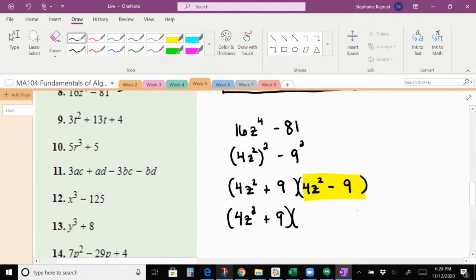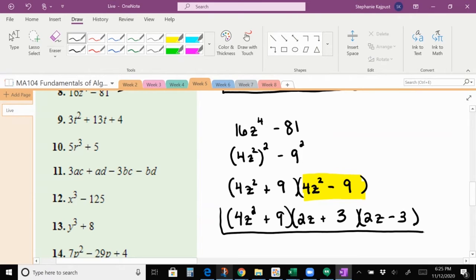But we can do it again with what I've highlighted, because the 4z squared is 2z squared. So I can put that in the front and the back. And then 9 is 3 squared. That's right. And then we should double check. Those we can't do anything further with, so that is the final answer.